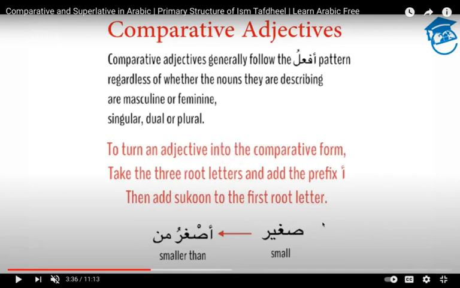Again, to create أسماء التفضيل, you just take the three root letters, 1, 2, and 3. The ya here is not counted as root because it's just to make a long vowel. You add the prefix alif with the hamza, and you make the second letter with a sukun. أصغر, أكبر.